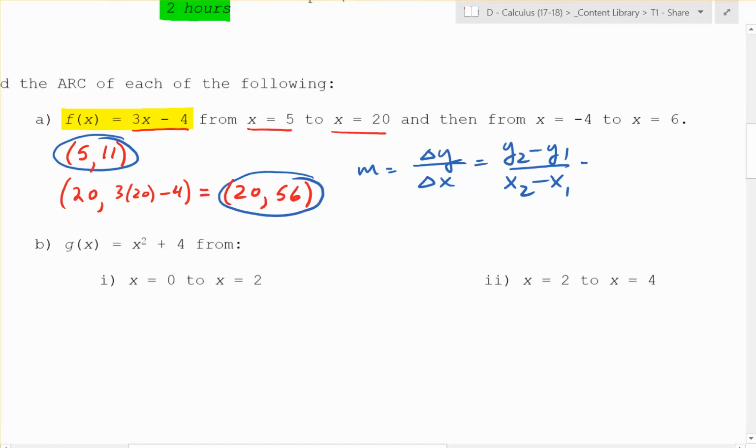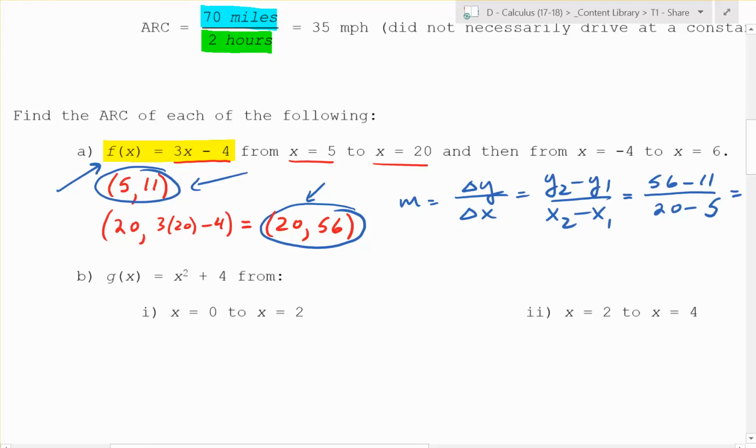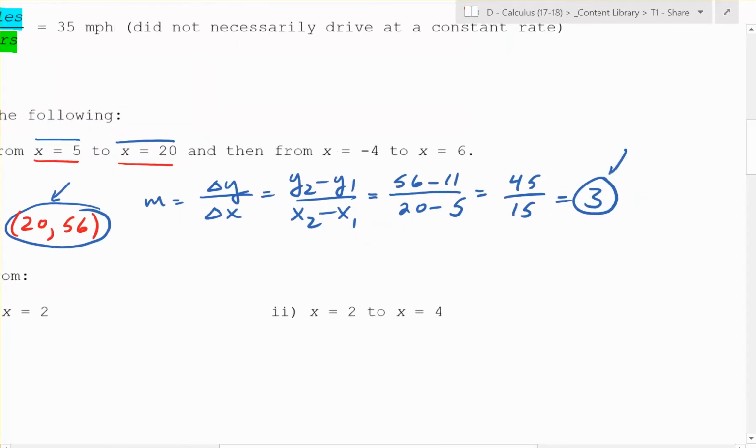So for these 2 points, you have 56 minus 11 over 20 minus 5. In this case, it's 45 over 15, which is 3. So the average rate of change of this function from 5 to 20 is 3.